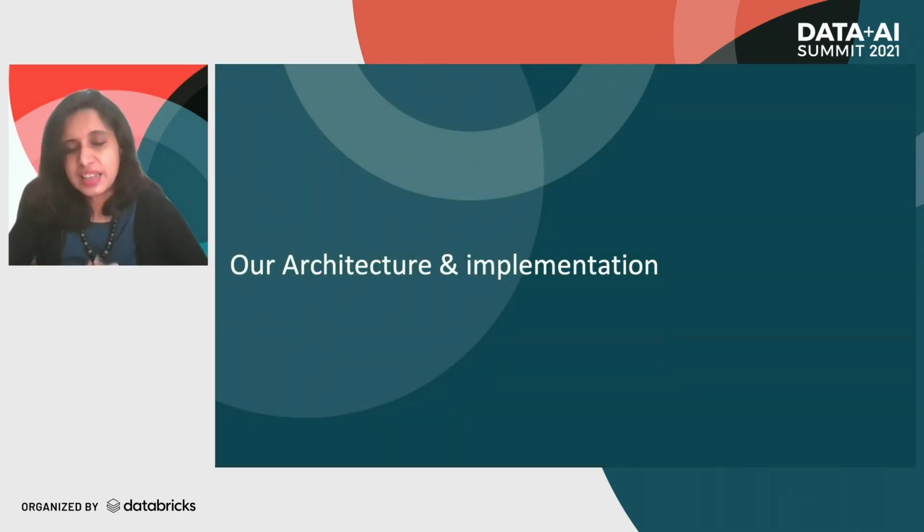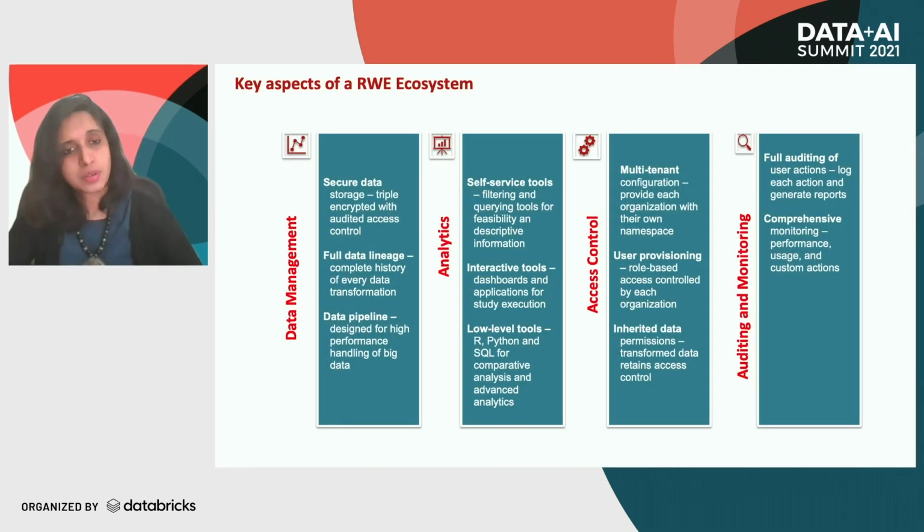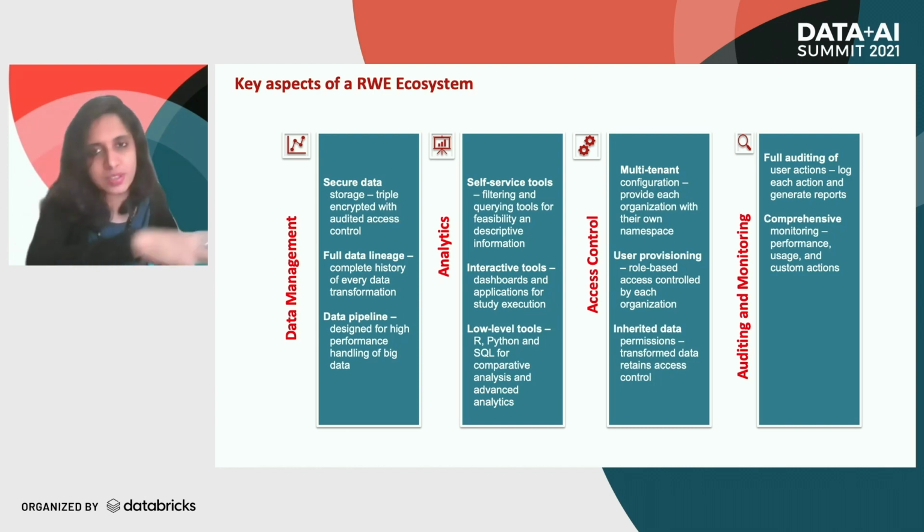So what's this architecture and implementation that we talked about previously a lot, right? We set the stage on what is the use case, why it's important for pharma, what we achieve with it. So let's see what's behind the scenes. Any evidence generation ecosystem should have four pillars. The first pillar is data management. It doesn't just mean that we do an ELT or ETL on the data, bringing it from the sources into a cloud.